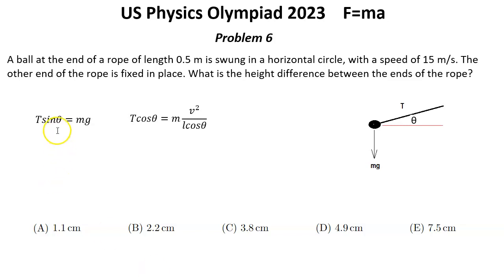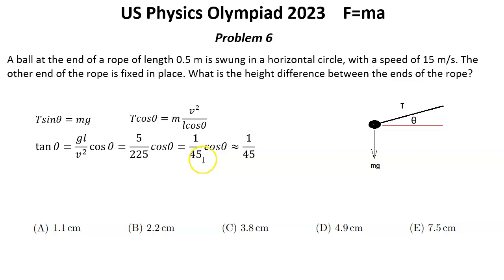Now let's divide first equation by second equation. We have tangent theta equal gL over v squared multiplied by cosine theta, which is 1 over 45 cosine theta.